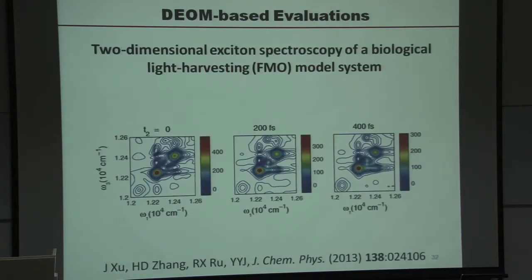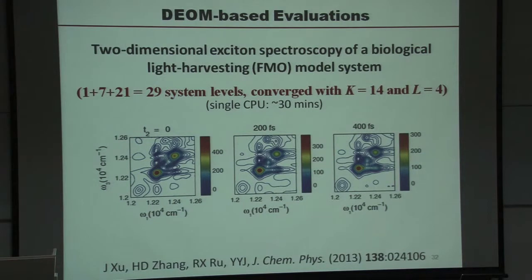For example, this system has 29 system levels, and convergence is with a total of 14 distinguished dissipatons, a large cluster of dissipatons. We have 4 clusters, and there are many combinations, like full CI calculations. For each frame, on only a very simple CPU, like my office's cheap CPU, it takes only 30 minutes with 3 dimensions. So this is quite efficient.